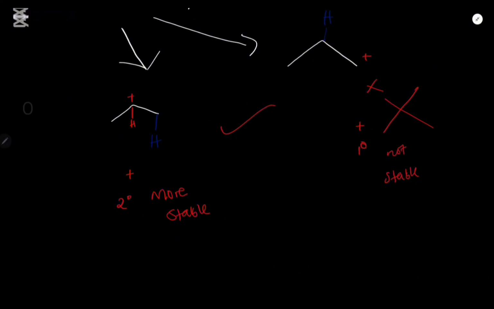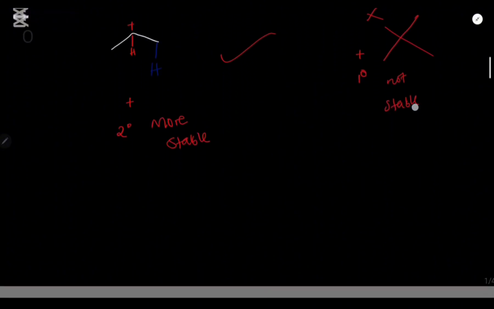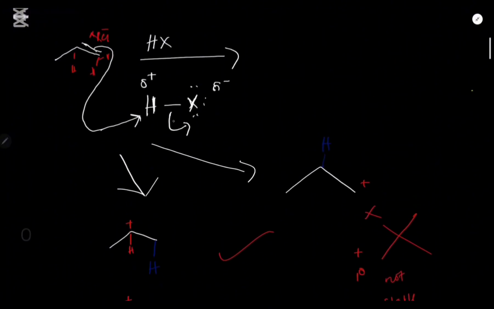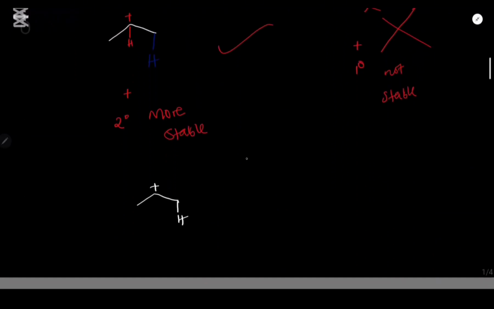So the first one is the correct answer, because it follows Markovnikov's rule, where hydrogen will be added to the carbon with more hydrogens, and at the same time the charge is stabilized compared to the second one. So here your hydrogen is there and your positive charge here. Remember that the X has been expelled. Here is our X with lone pairs and a negative charge.